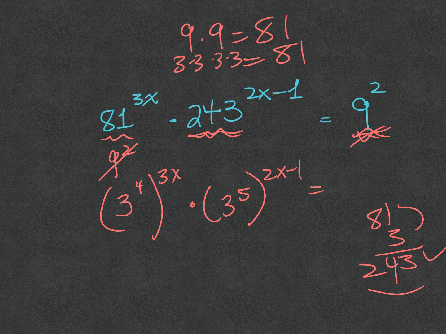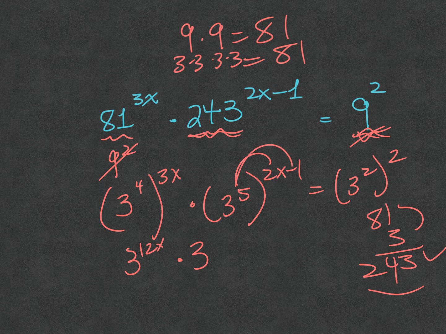This is an easy one. 3 to the power of 2 to the power of 2. Okay, so now let's combine our exponents using the power rule of exponents. So we get 3 to the power of 12x times 3 to the power of 10x minus 5 equals 3 to the power of 4.